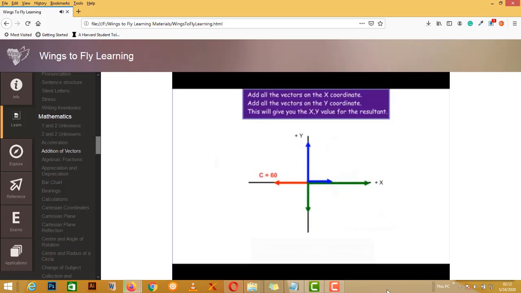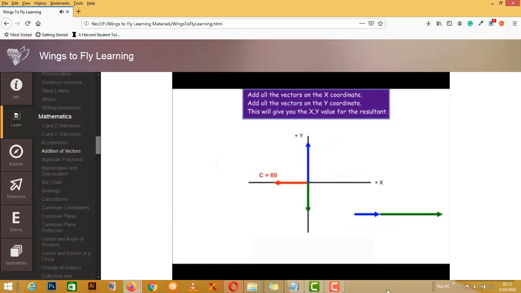So we're going to find the sum of all the vectors in the x direction. So that would be the x component of vector A and the x component of vector B. Remember, this would be done head to tail.